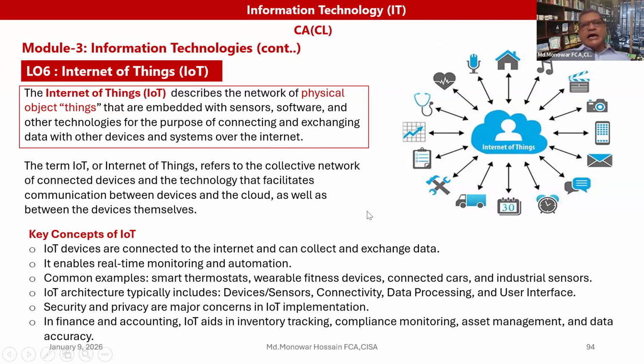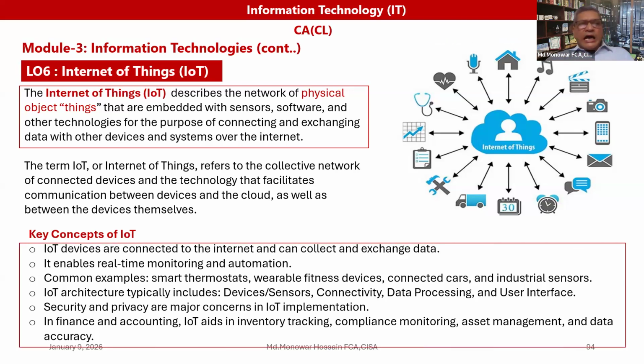IoT refers to the collective network of connected devices and technology that facilitate communication between devices and the cloud, as well as between the devices themselves. It has key features. IoT devices are connected to the internet and can collect and exchange data. It enables real-time monitoring and automation.